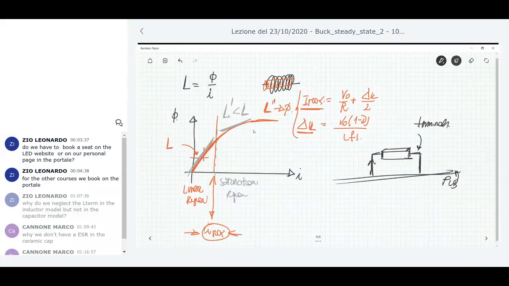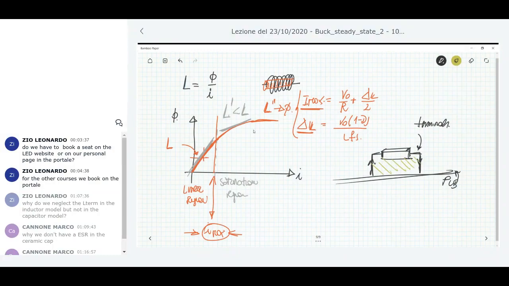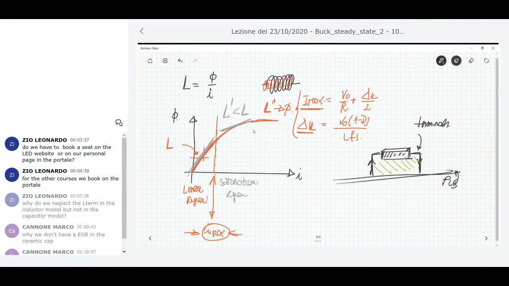Then you have current flowing here, a current that has a periodic variation, at frequency FS, and it flows through a loop. This arrangement induces by itself another inductance, which is not the proper nominal inductance inside the component. It is the inductance due to this loop in which the current flows at this frequency.